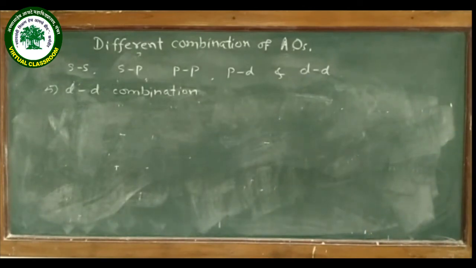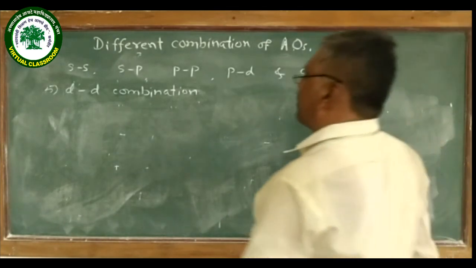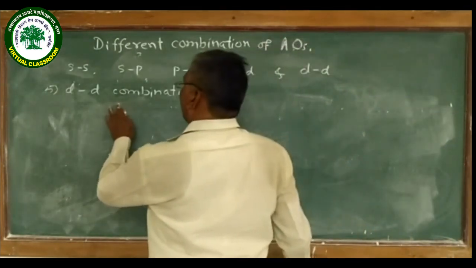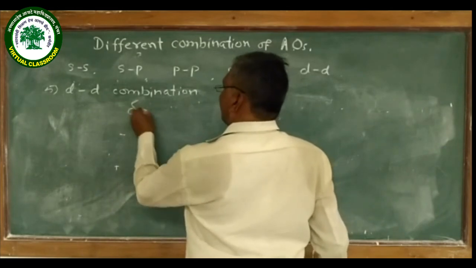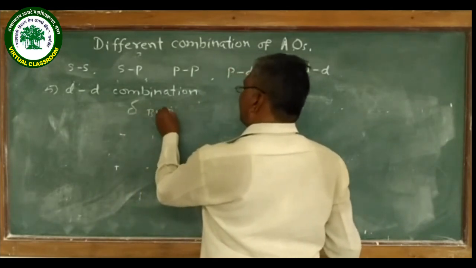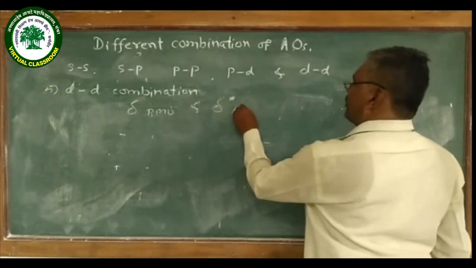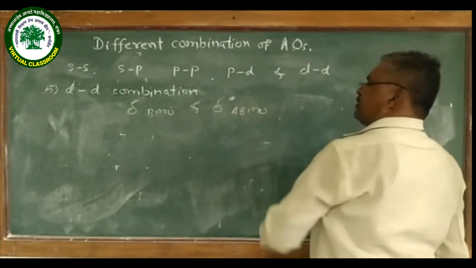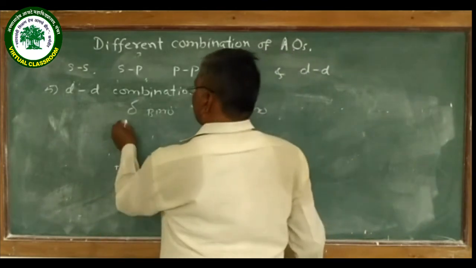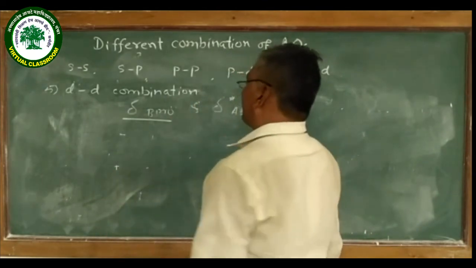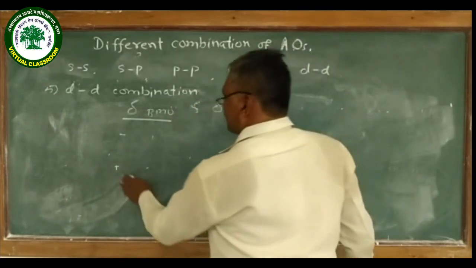So d orbital of one atom overlap with d orbital of another atom and it forms delta bonding molecular orbital and delta star antibonding molecular orbital. For example, let us see the diagram for formation of delta molecular orbital.